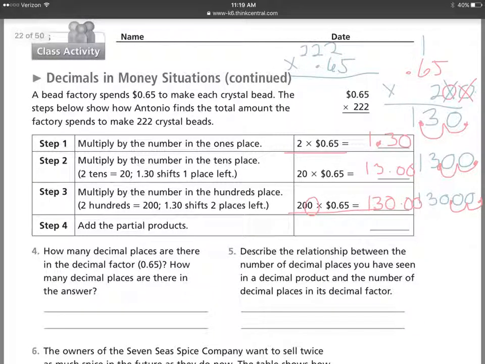What they're talking about when they say decimal places is the number of digits behind the decimal. So in this case, it's the 6 and the 5. So there are 2 decimal places in your factors, and how many decimal places did you see in your answer?